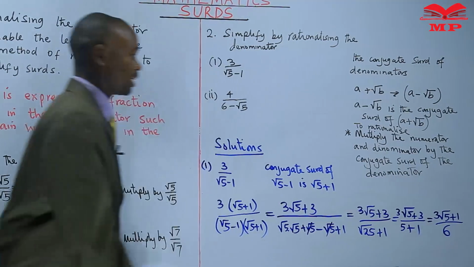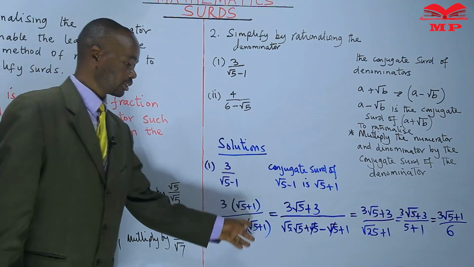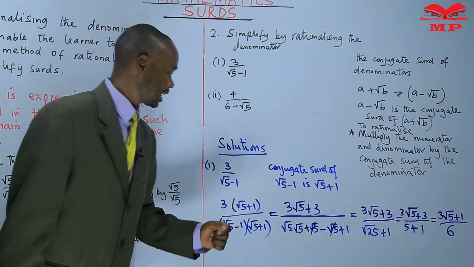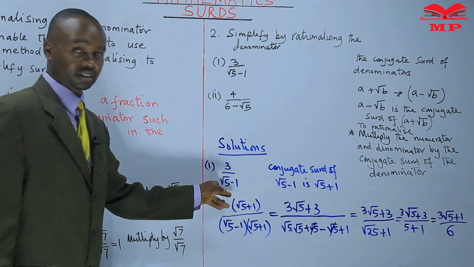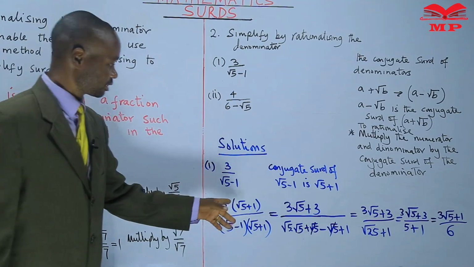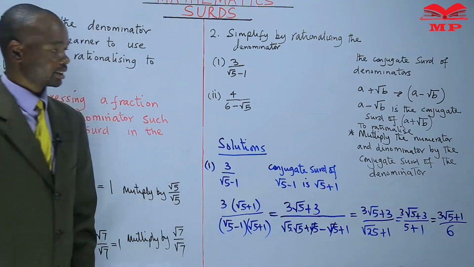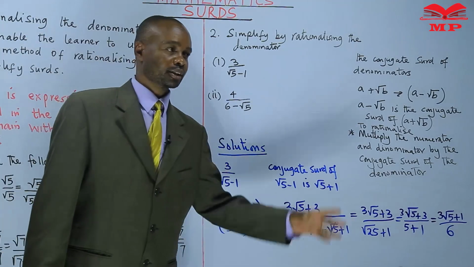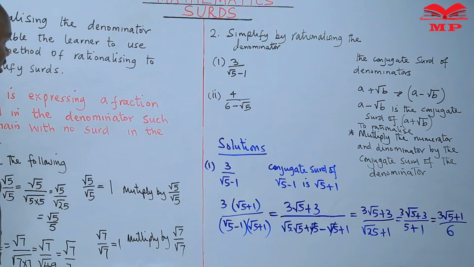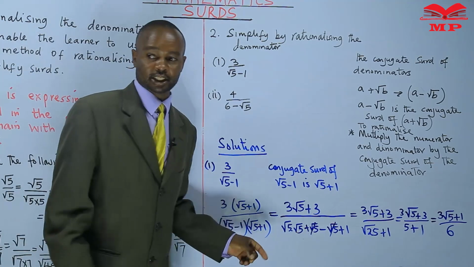That is the simplified form by rationalizing the denominator by multiplying by the conjugate surd of the denominator. So first of all, you get the conjugate surd. Then you multiply it by both the numerator and denominator. That is rationalizing using the conjugate surd, or we simply say rationalizing the denominator.